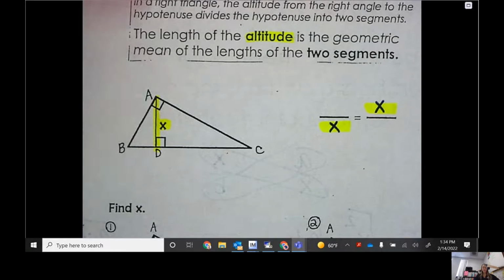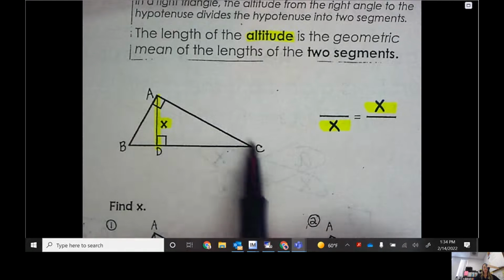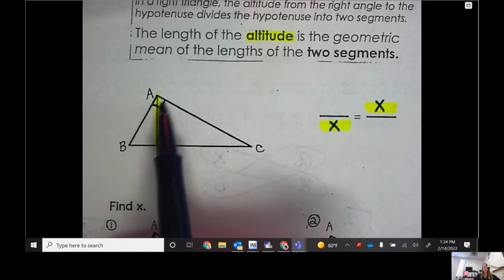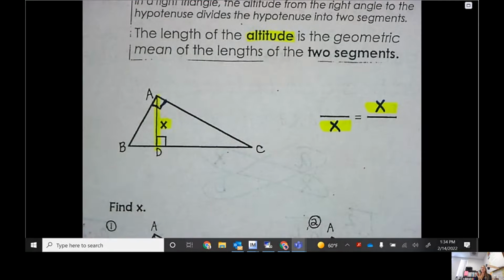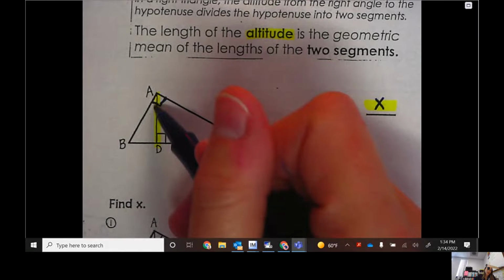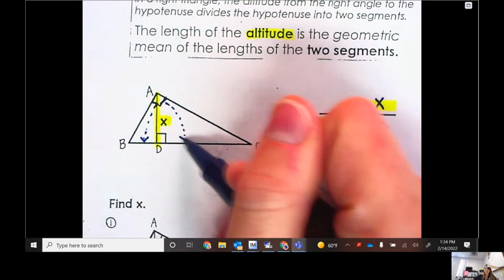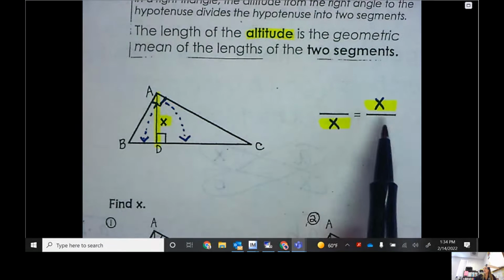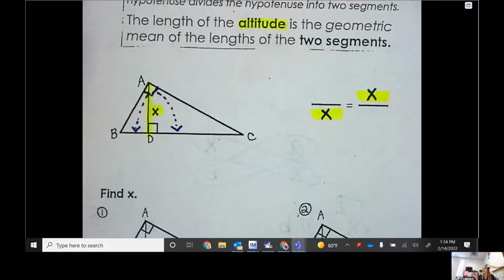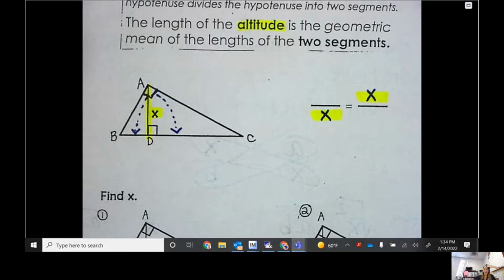So if I'm looking at this whole big triangle, if I go to the 90 degrees here, what are the names of the two pieces across from the 90? Perfect. So this piece, BD, and this piece, DC, are going to be the other two diagonals, and it doesn't matter where they go as long as they're diagonal from one another.